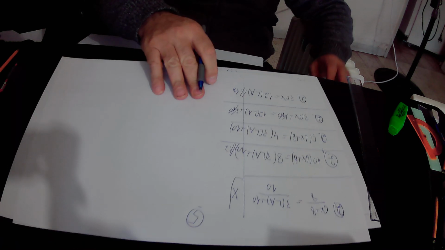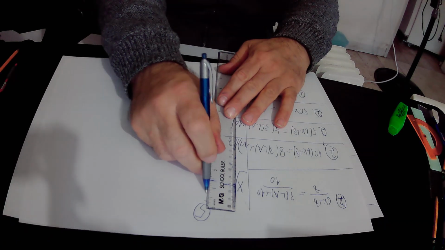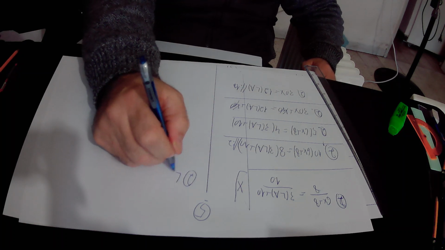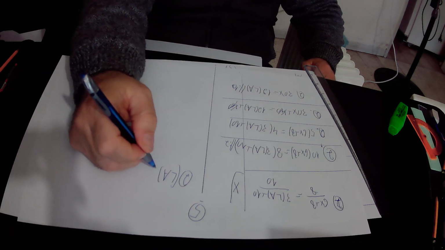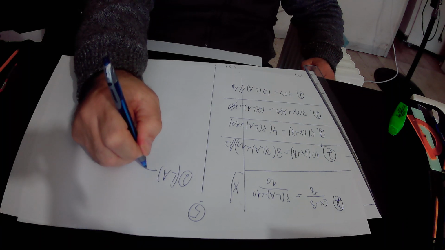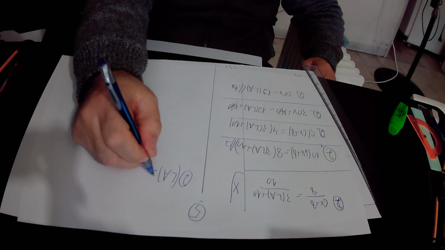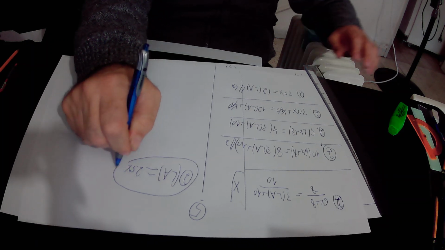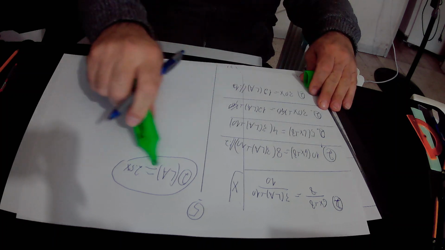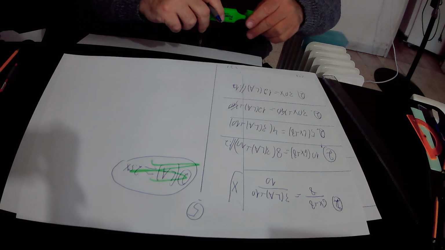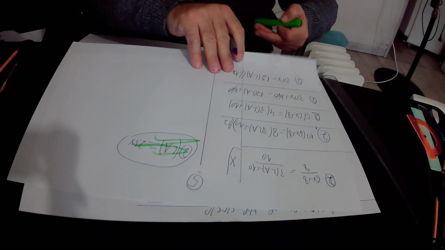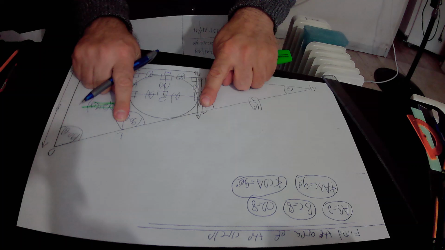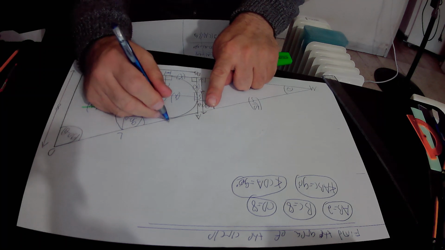And finally, we get that according to equation 2, LA, the length of line segment LA, is equal to 30x over 12, that is 2.5x. The length of line segment LA is 2.5x. So you can write down in the original drawing that the length of this line segment LA is 2.5x.